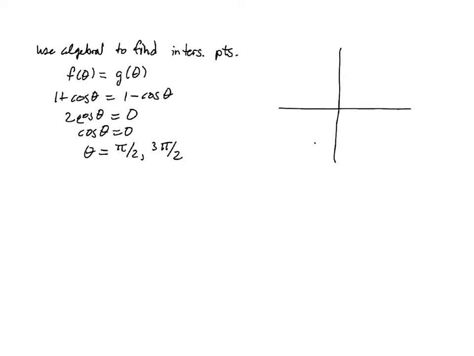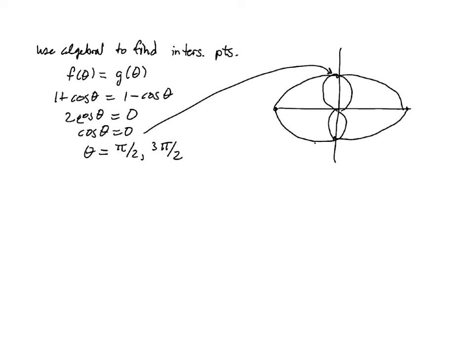Remember that those looked like this. There's the pi over 2 intersection point, and there's the 3 pi over 2 intersection point.